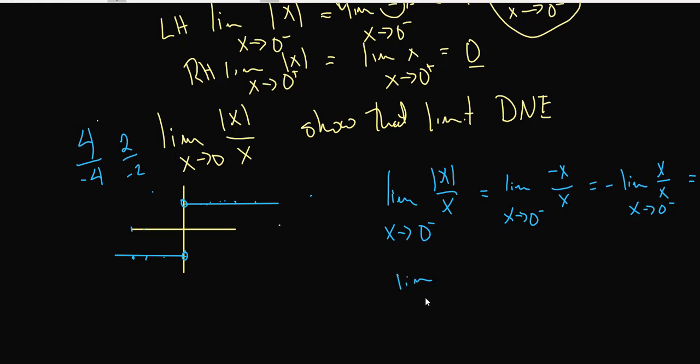And then I'll let you figure this part out. I think it's pretty clear. This is using the same kind of idea here. We're going to get that this is equal to 1. And so the left-handed limit is not equal to the right-handed limit at 0. One is negative 1, the other is 1. So the general limit does not exist.